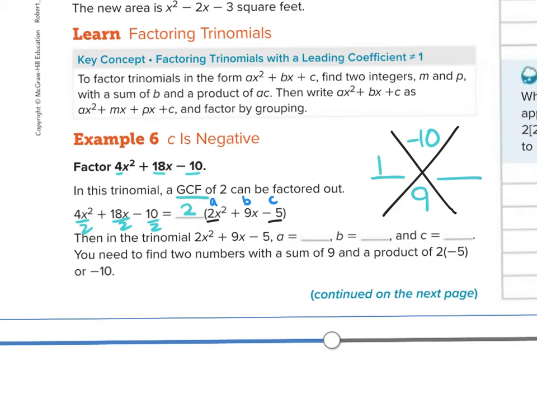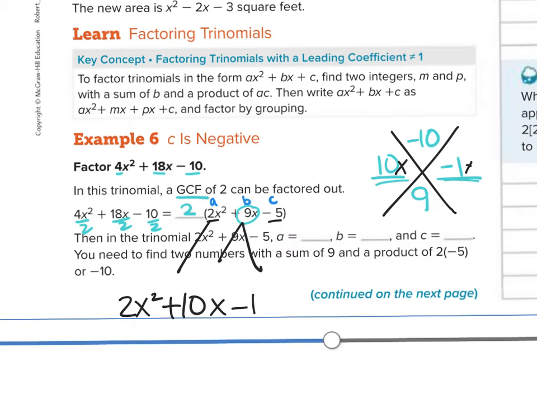So I can think, well, 10 and 1 multiply to get 10. But I know that 9 is positive, so the negative 1 is what needs to take the negative. All right. From there, you are kind of splitting the 9x into these 2 terms. So if I do that, I will keep the 2x squared here, but I'm splitting 9x into 10x and negative 1x.